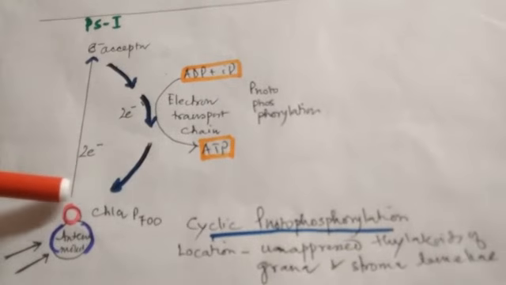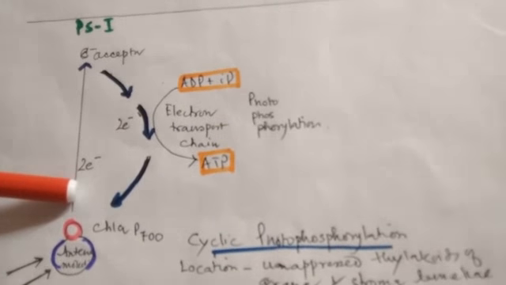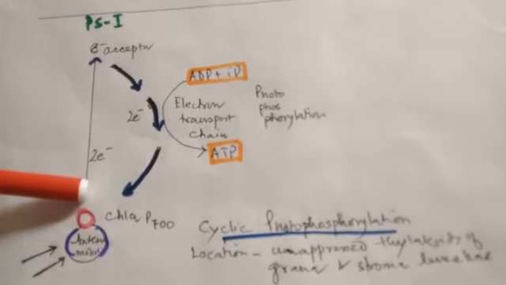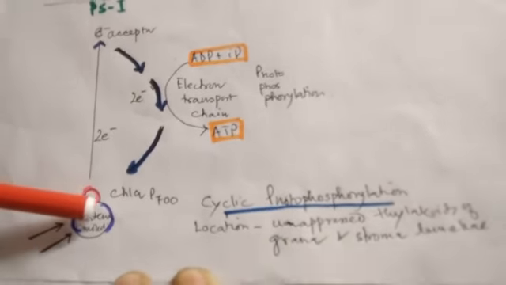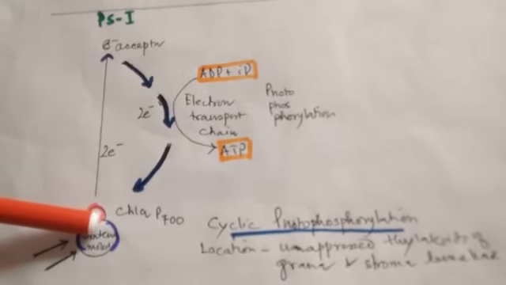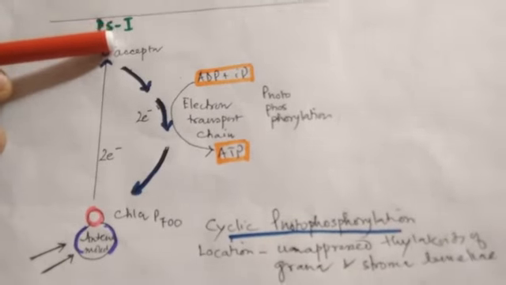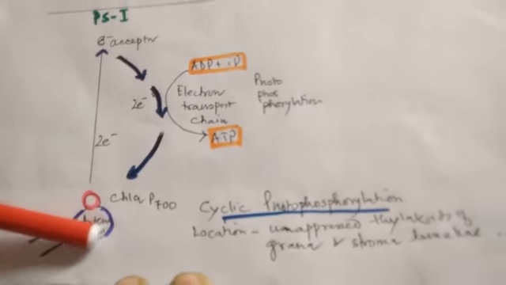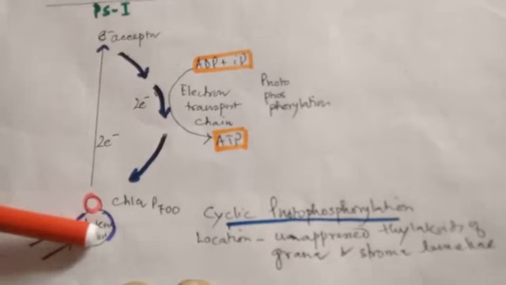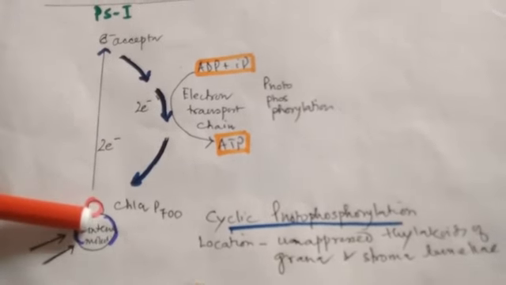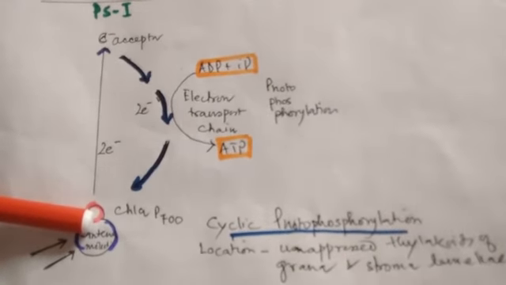Another photophosphorylation, already discussed, occurs in the stroma lamellae and unappressed thylakoids of grana, where only photosystem 1 is involved. Only PS1 is involved, you can see. The accessory pigments here also absorb light of various wavelengths and pass it to chlorophyll A, P700. Clear?